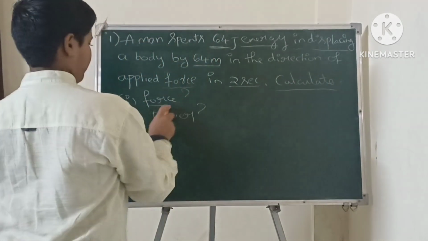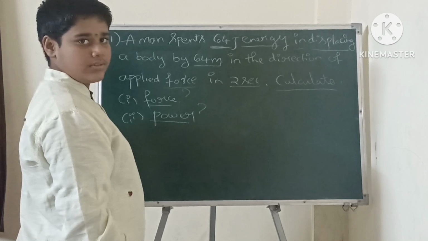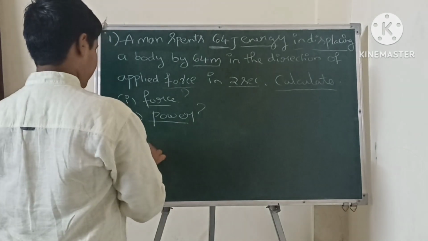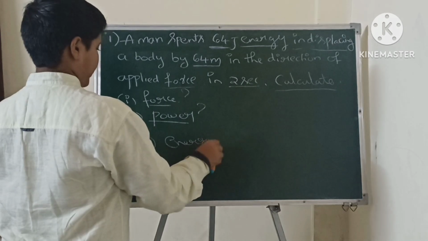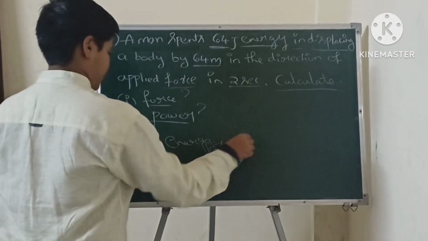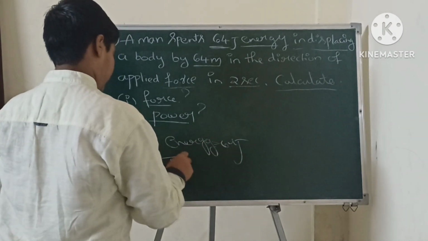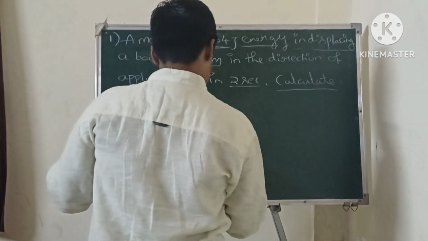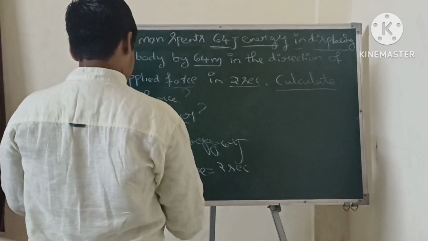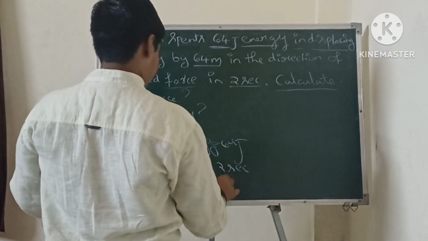Calculate force and power. Okay. So in this they gave energy 64 joules, time 2 seconds, displacement 64 meters.